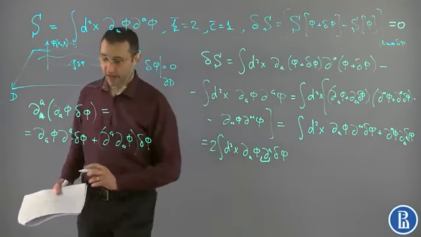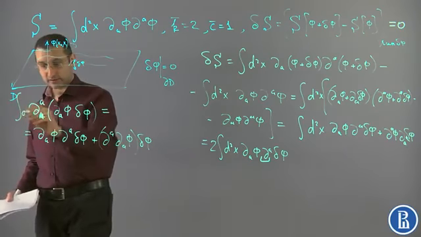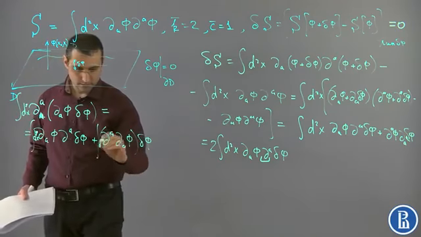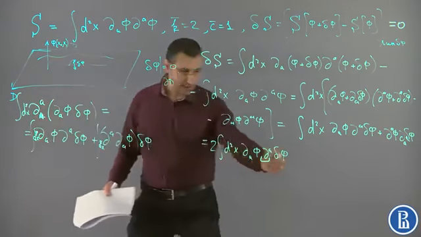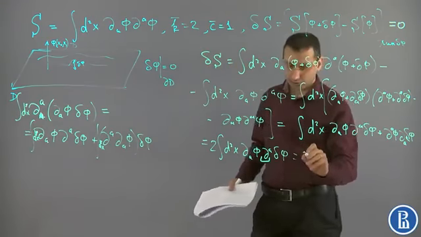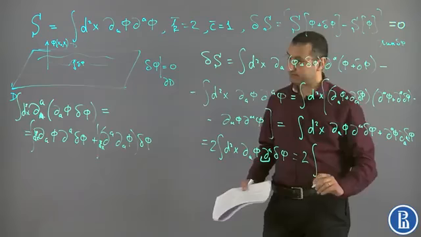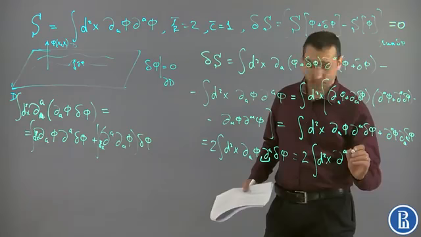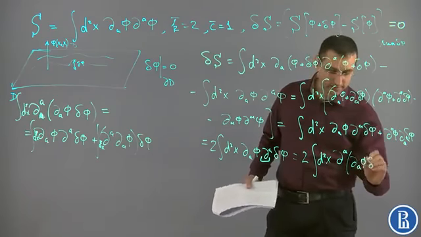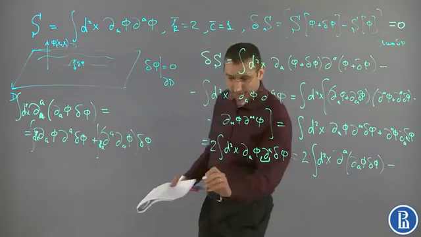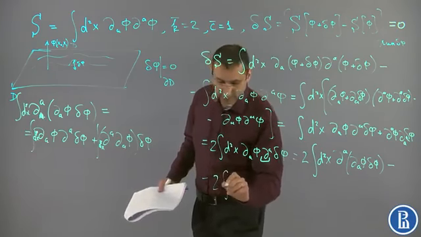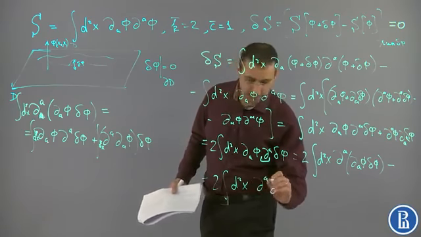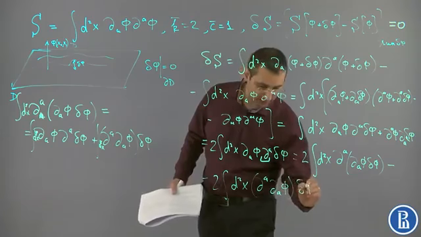And now integrating both sides of this equation, we obtain that this expression is equal to 2 integral of the total differential dA over dA phi times delta phi minus 2 integral over d2x dA phi acting on delta phi.